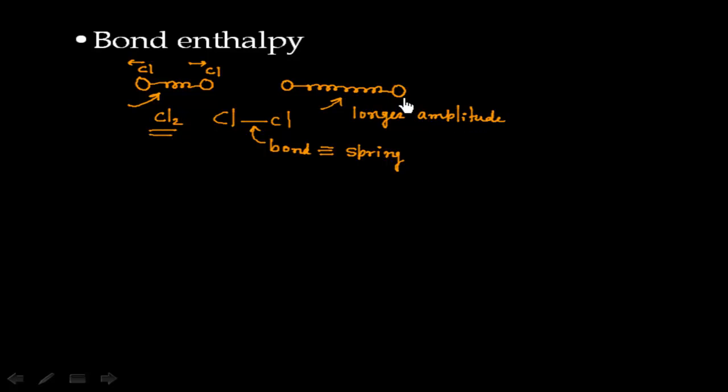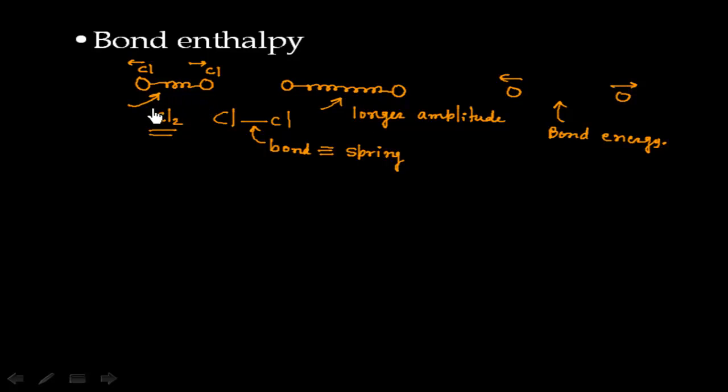If I give some more energy, a time can come when these two atoms can fly apart, and the corresponding energy is related to bond energy. This energy required to make the atoms free, we call a bond energy.